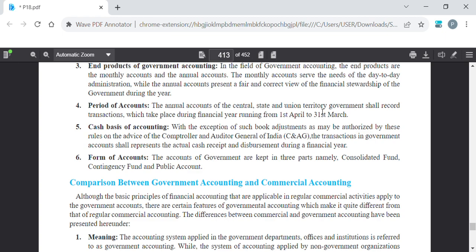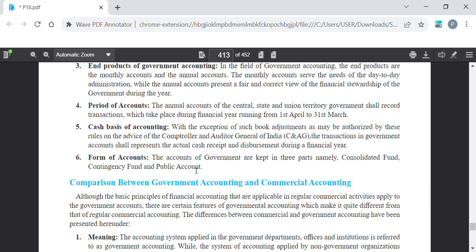The accounting is authorized by the CAG, Comptroller and Auditor General of India, a person who audits and does accounting for government organizations. Forms of accounts. Accounts of government are kept in three parts, namely consolidated fund, contingency fund and public fund. So these are my forms of accounts.